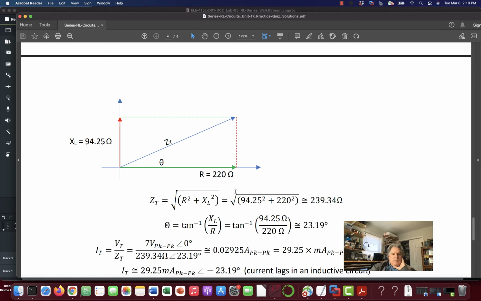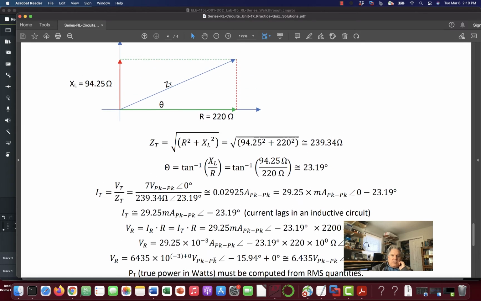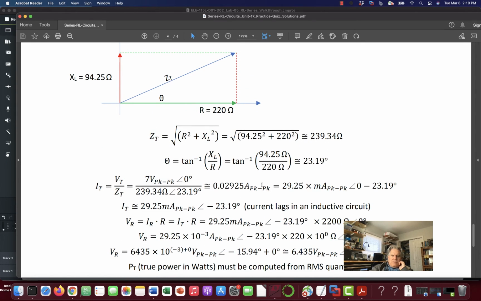I do the calculation and get 239.34 ohms. The phase angle is the angle whose tangent is opposite over adjacent, so you plug your numbers into the inverse tangent, arc tangent, whatever you call it, and you get 23.19 degrees. So we've got ZT is 239.34 ohms at 23.19 degrees.